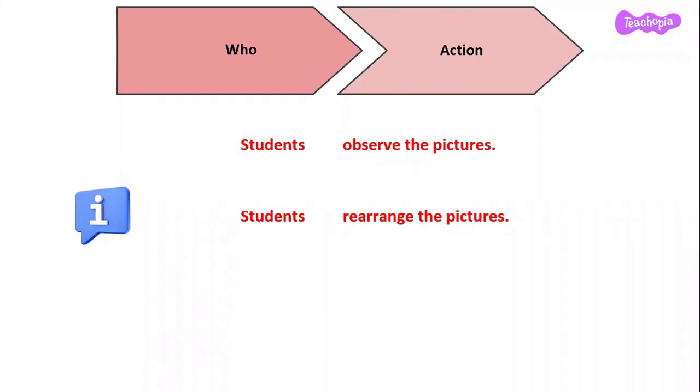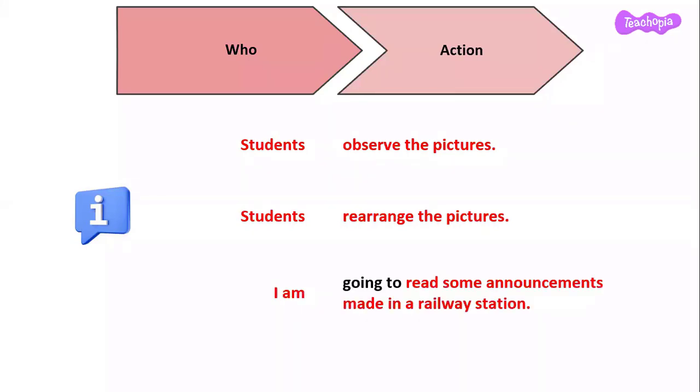So, who are you talking about this time? You're talking about yourself. So, you will say, I am. And what is an action that you're doing? You're going to read some announcements made in a railway station. So, your sentence will be, I am going to read some announcements made in a railway station.